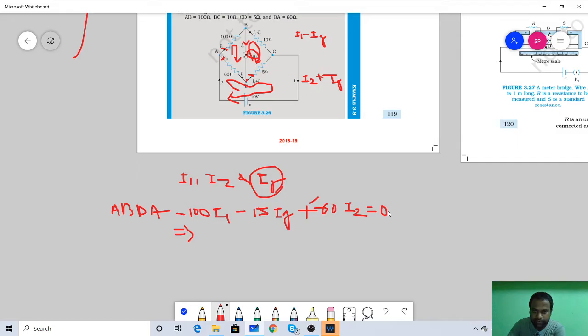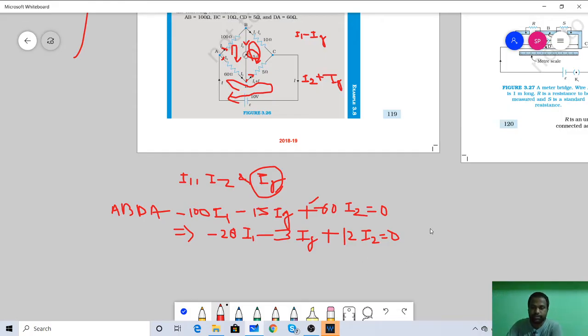If I divide each term by 5, I get minus 20 I1, minus 3 Ig, plus 12 I2 is equal to 0.